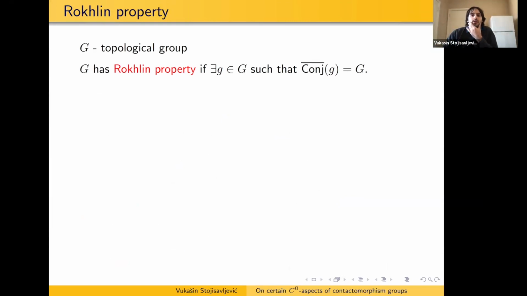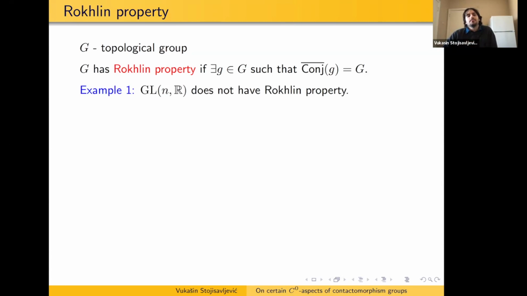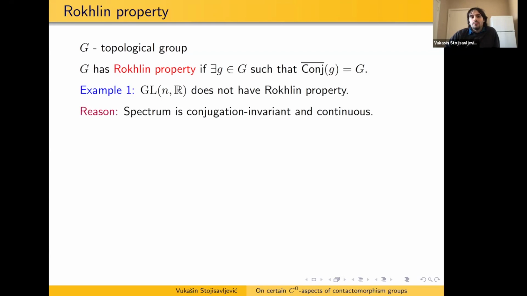Okay. And so now you might ask, what has and what does not have the Rokhlin property? And here are some examples. The general linear group does not have the Rokhlin property. In principle, matrix groups very rarely have the Rokhlin property, because the spectrum is conjugation invariant and continuous.